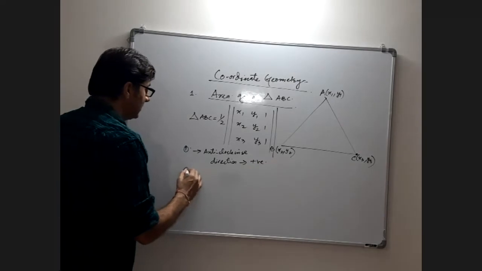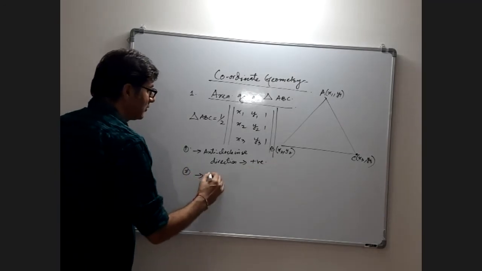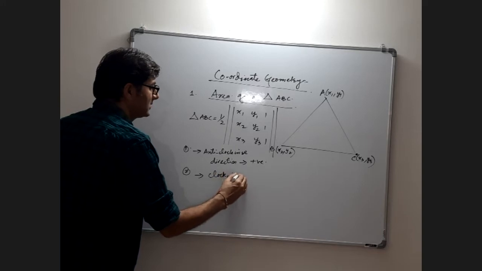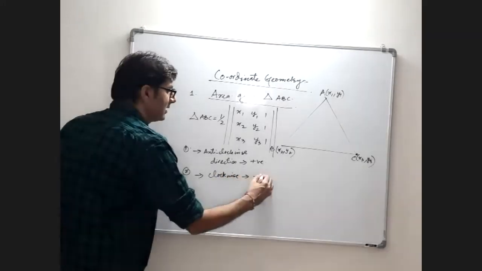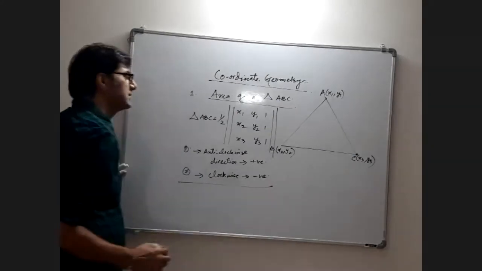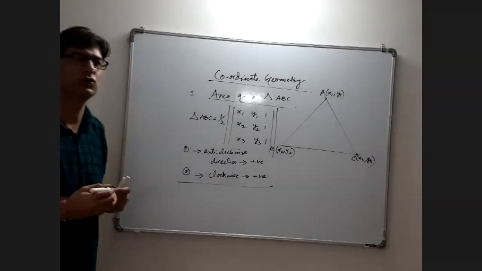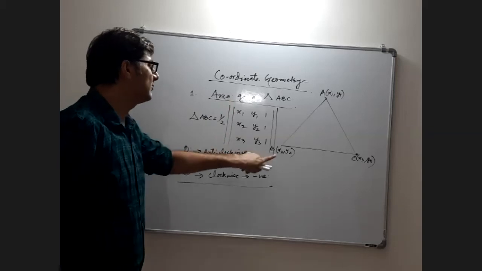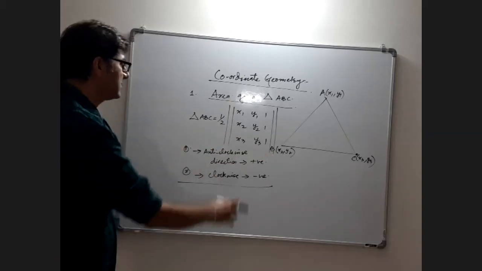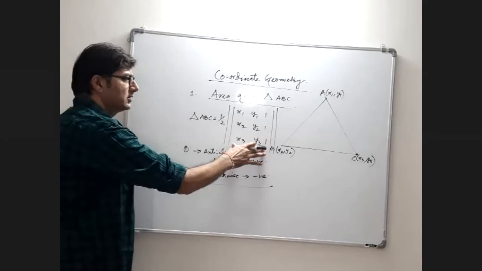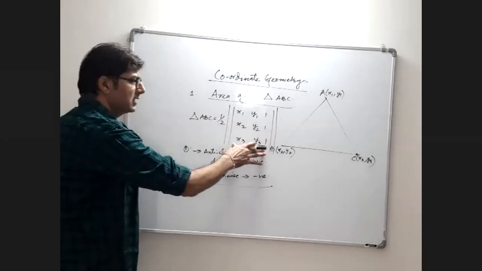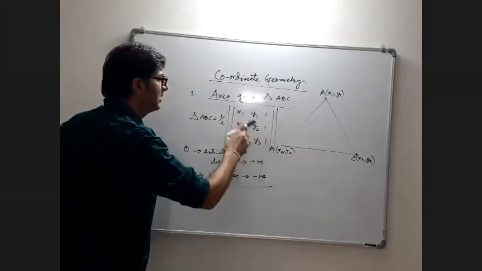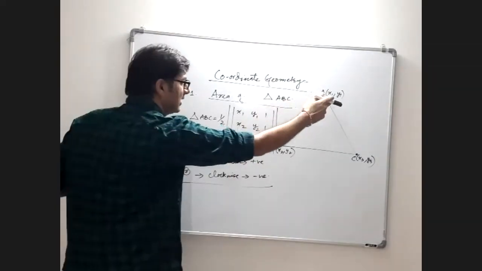And number two, if it is clockwise, then it probably may be negative. But in all possible cases, the area can never be negative, so it has to be positive. That's why I just put the modulus sign here. This is the determinant, a determinant with the coordinates you can look at now.